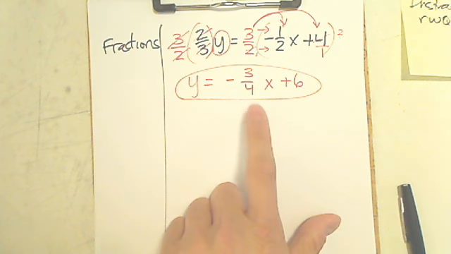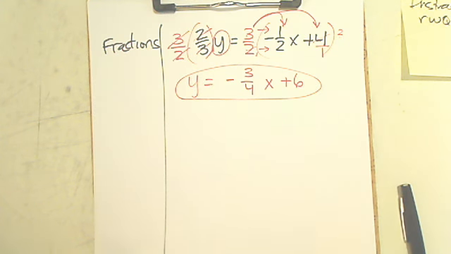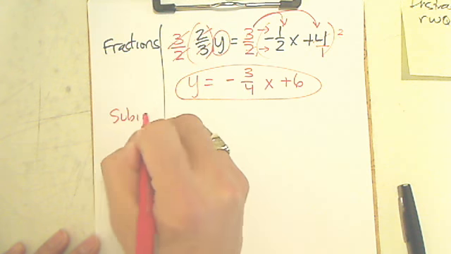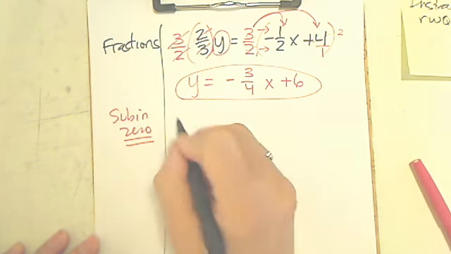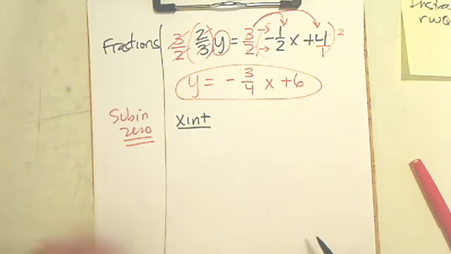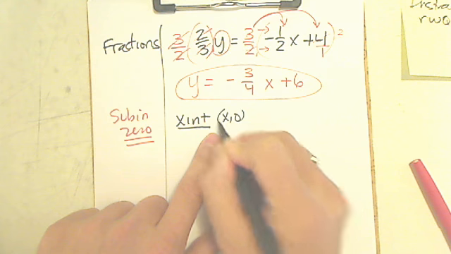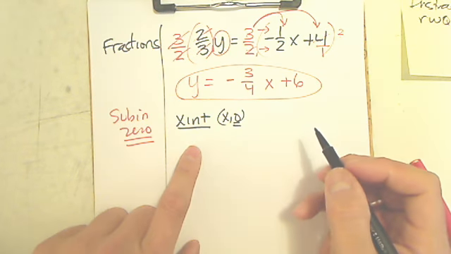What's the best method to solve for this? Substitute or cover-up? Because it's y equals, it's probably easier to substitute in 0. Okay? So to find the x-intercept, that means it's x comma 0. What am I substituting in for 0? What letter?